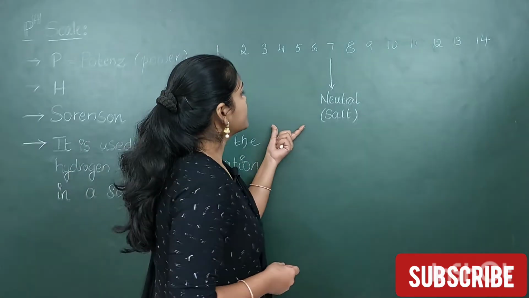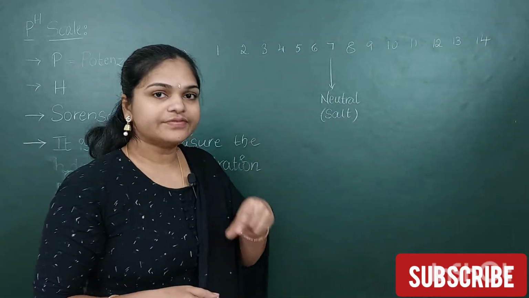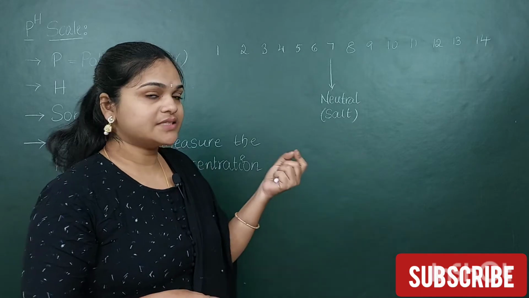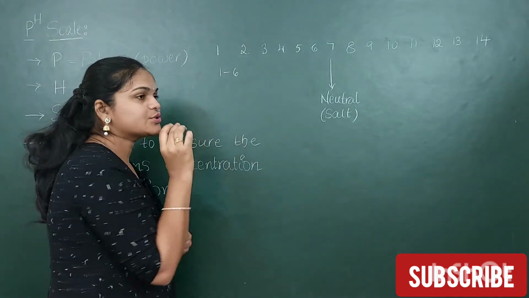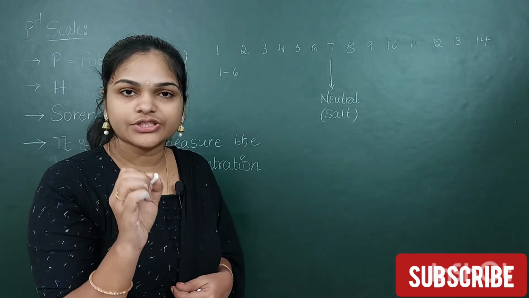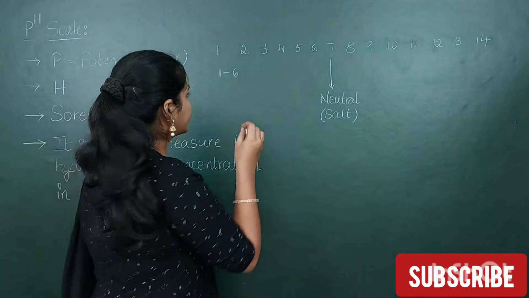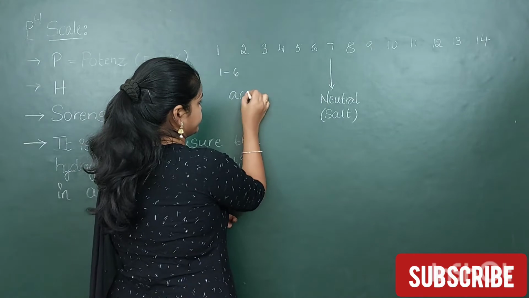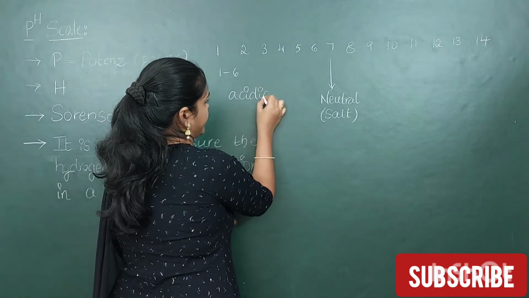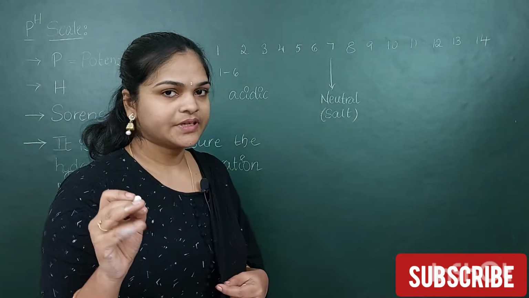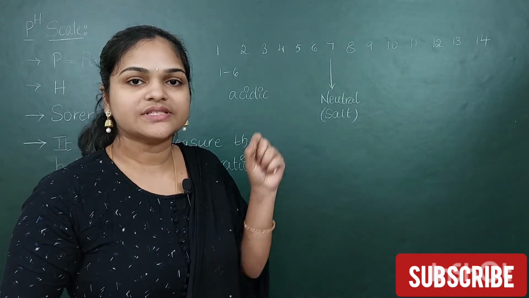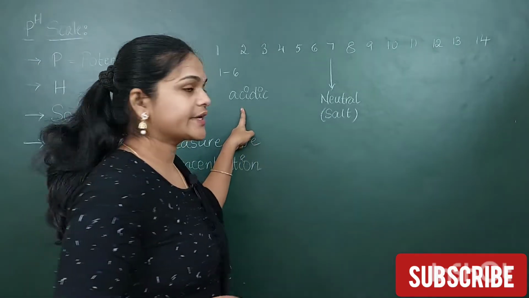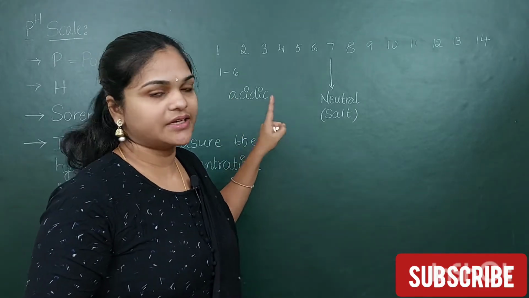Okay. If the pH value of the solution is less than 7, that means from 1 to 6, it is acidic in nature. So if the pH value of a solution is 1 to 6, it has an acidic nature.